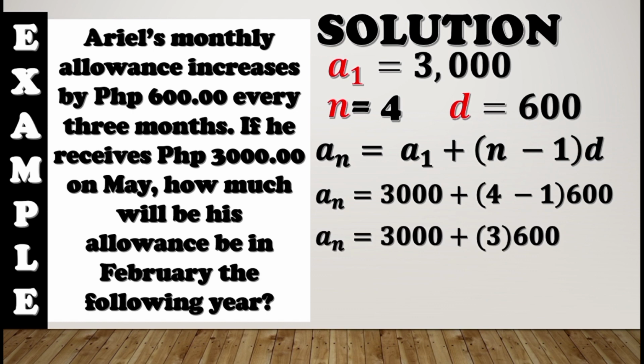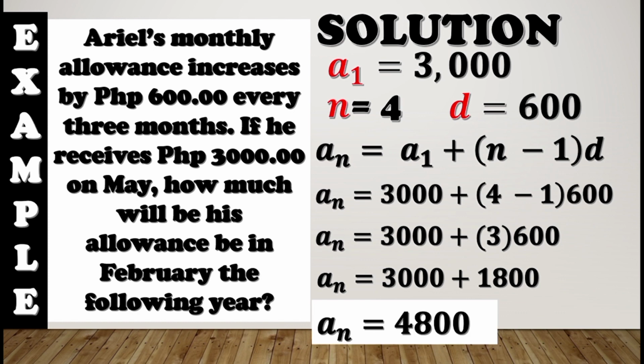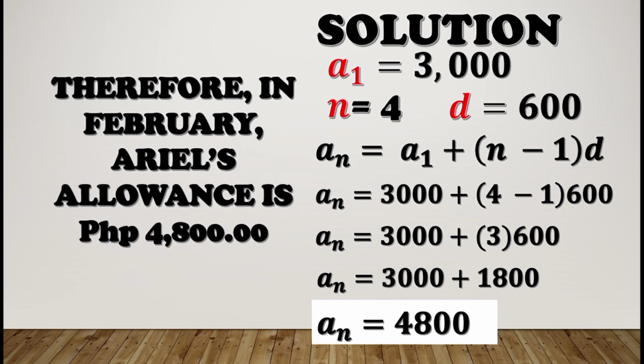Simplify, a sub n is equal to 3,000 plus 3 times 600. A sub n is equal to 3,000 plus 1,800. Combine these two, the sum is 4,800. Therefore, we can say in February, Ariel's allowance is 4,800 pesos.